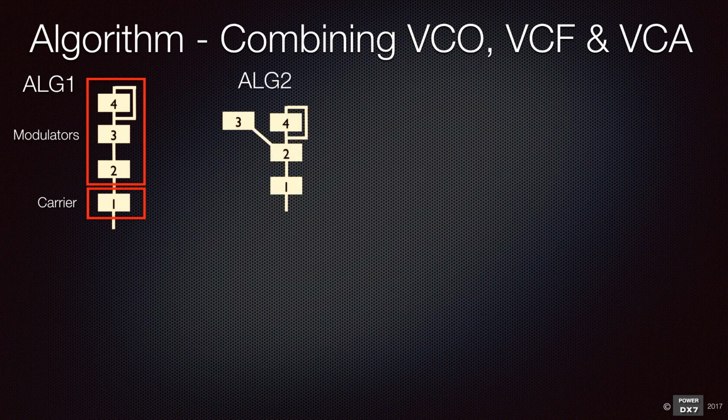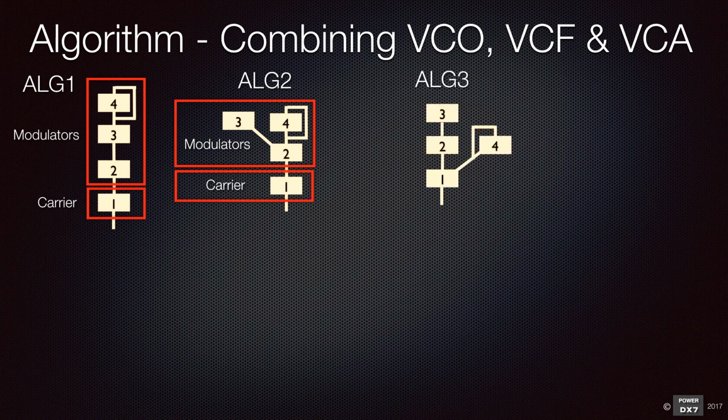Algorithm 2 has only one carrier and 3 modulators. Operator 1 controls the overall volume and other operators act as VCF, controlling over harmonics. Algorithm 3 has one carrier as operator 1 acting like VCA.